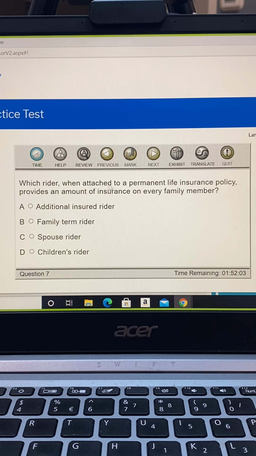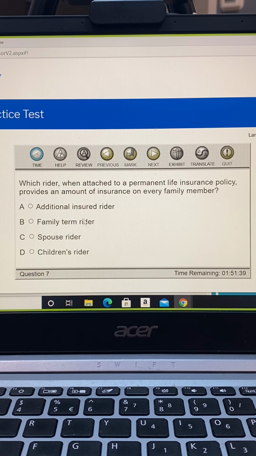Which rider, when attached to a permanent life insurance policy, provides an amount of insurance on every family member? Is that an additional insurance rider?